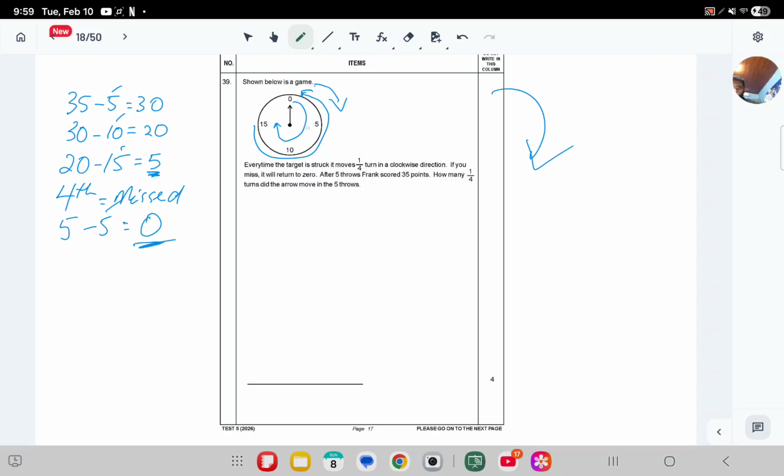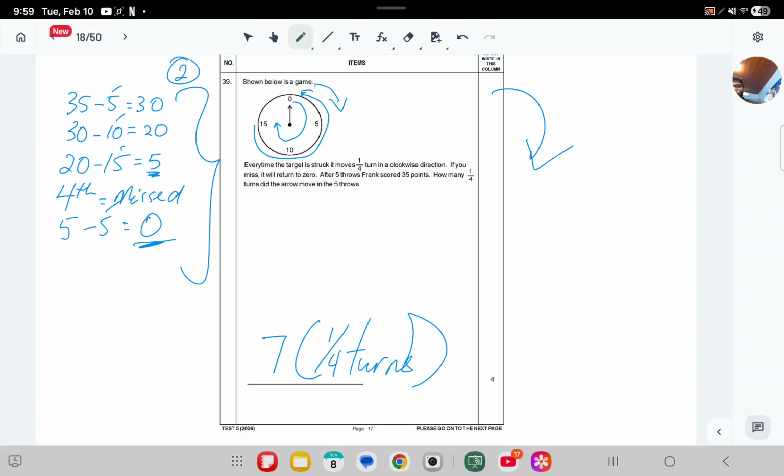So this is 1, 2, 3, 4, 5, 6, 7. 7 quarter turns. Alright, you'll get 2 marks for any working done. And you get 2 marks for the final answer.